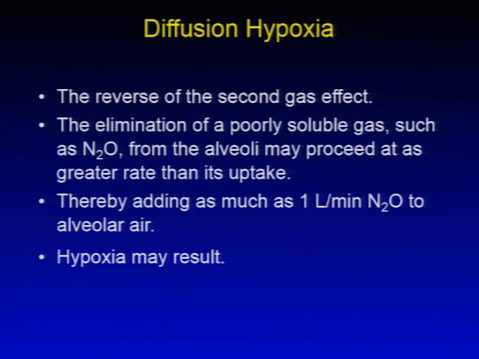That is because as much as 1 liter per minute of nitrous oxide is coming out from the blood to the alveolar space. So you have to be careful about the flow of oxygen when you use nitrous oxide at the end of the procedure.